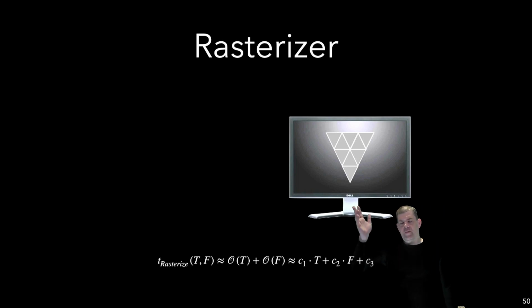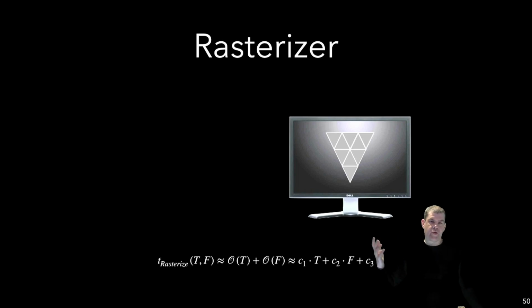So let's forget about the fact that it's a pipeline. Let's just say it all uses the same hardware, which it does these days with unified shaders. So the overall time is O of t, the time to process all the triangles, plus O of f, the time to process all the fragments. Whatever this time is, it's linear: twice as many triangles, twice the time.